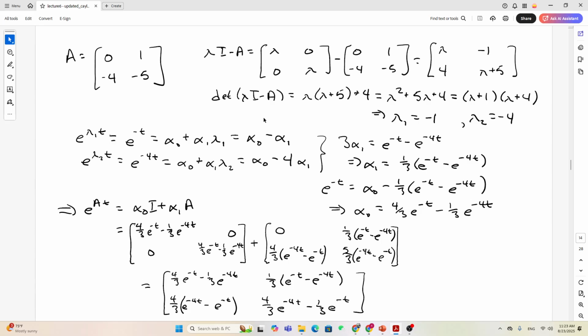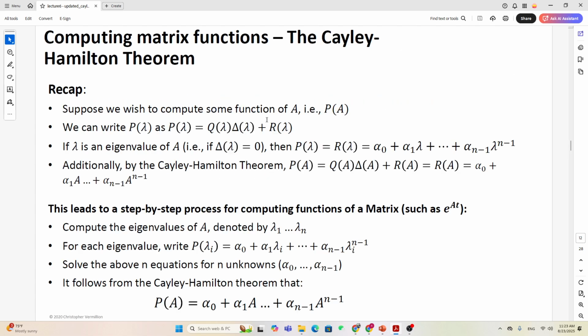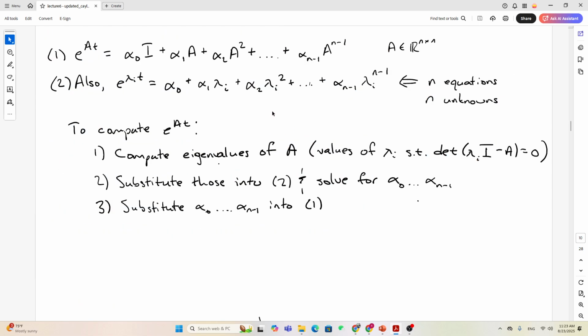Here we only have a 2 by 2 matrix for A, which means n equals 2. If n equals 2, then n minus 1 equals 1, right? So we only should have alpha 0 plus alpha 1 lambda i.